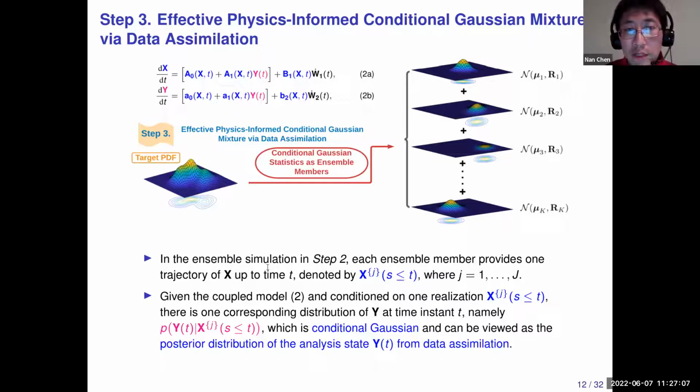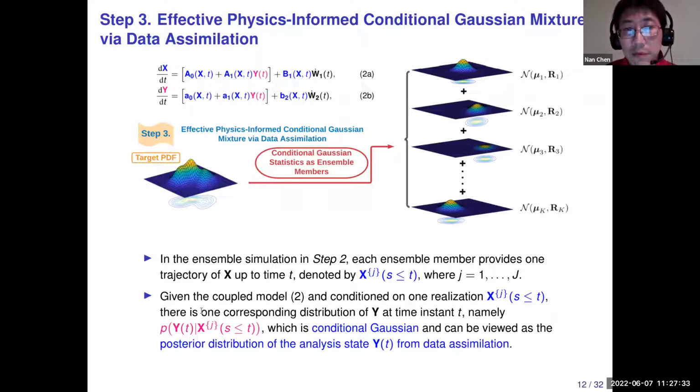Recall that in the previous step, we used the Monte Carlo simulation to get J samples of this X. Now what we want to do is, conditional on each trajectory of this X from the previous Monte Carlo simulation, we can explore the structure of this model to solve the conditional distribution of Y given each of these trajectories we got from the previous step.